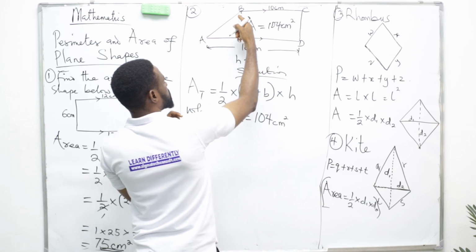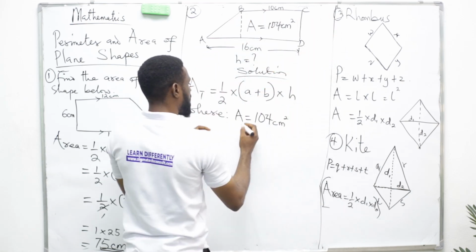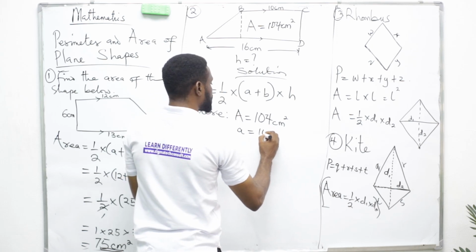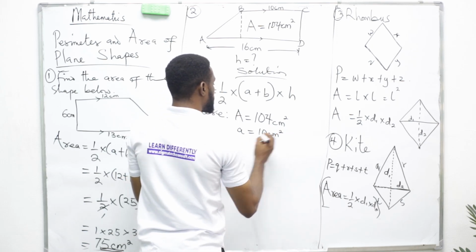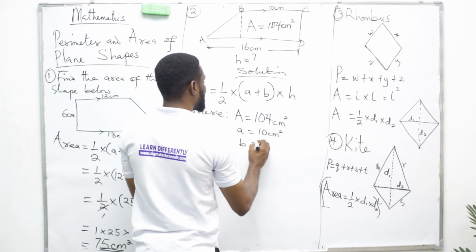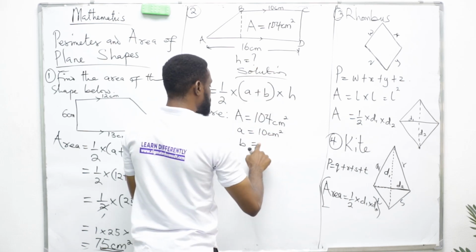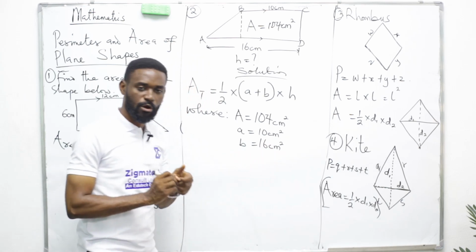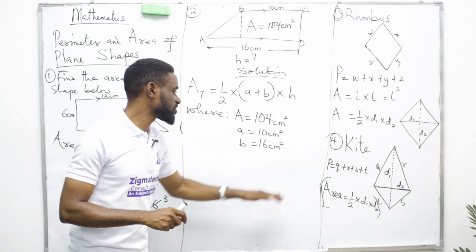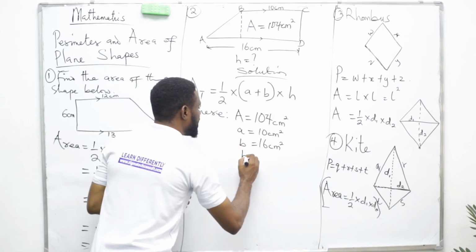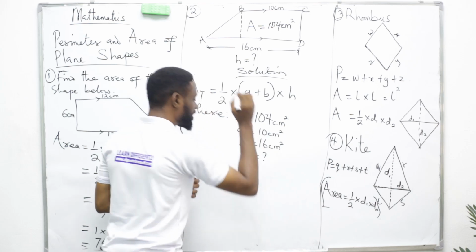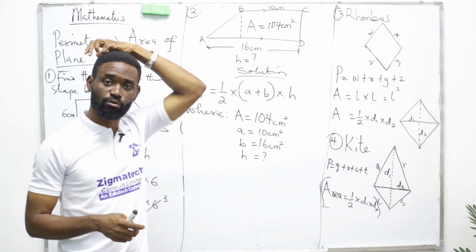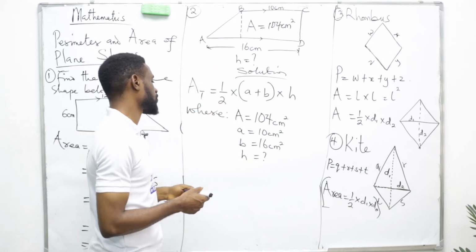Then this first parallel side, which is A, is 10 cm, while our second parallel side is 16 cm. All right? So we have these values, but h, which is our height, is a question mark, because that's what they're asking us to solve.